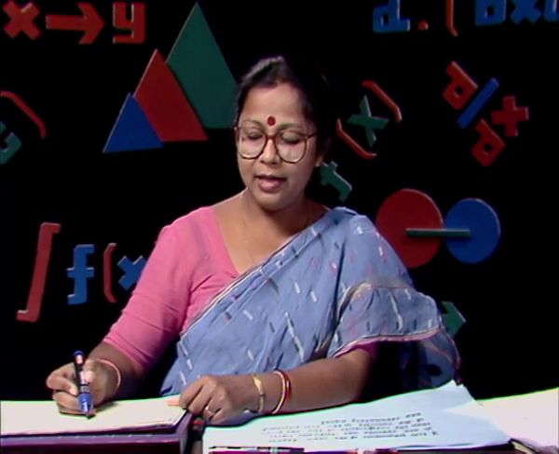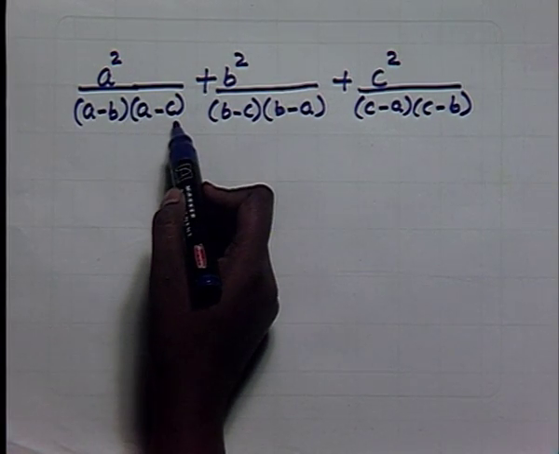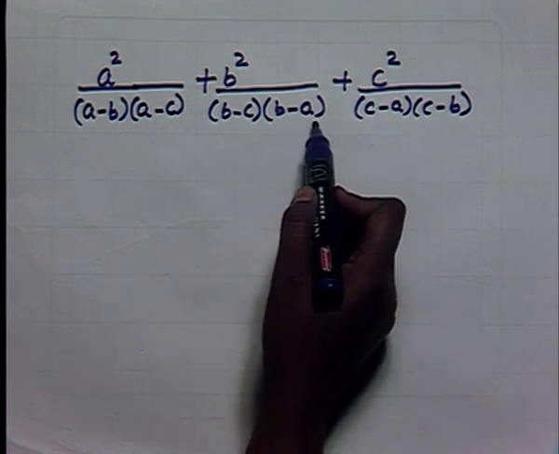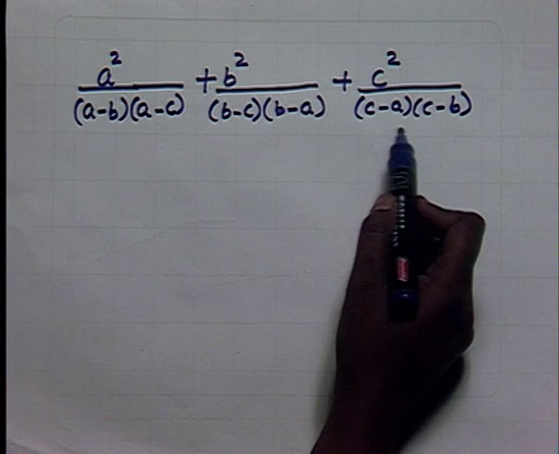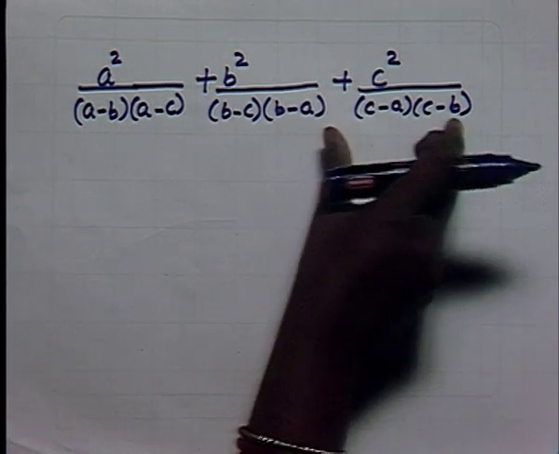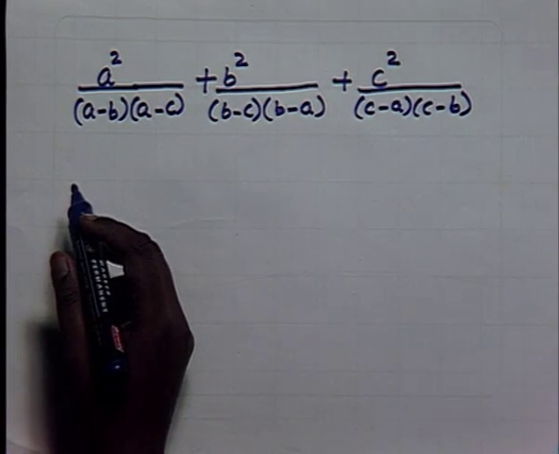Now, look at this expression: A square upon A minus B into A minus C, plus B square upon B minus C into B minus A, plus C square upon C minus A into C minus B. These are three rational expressions and we have to find out their sum.